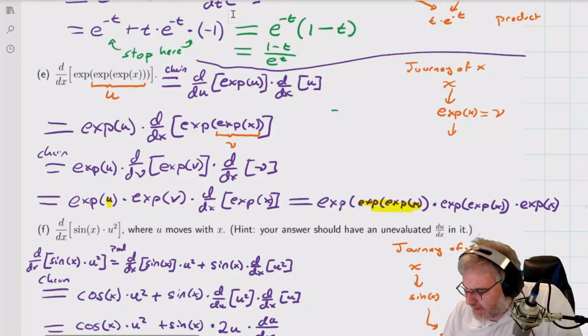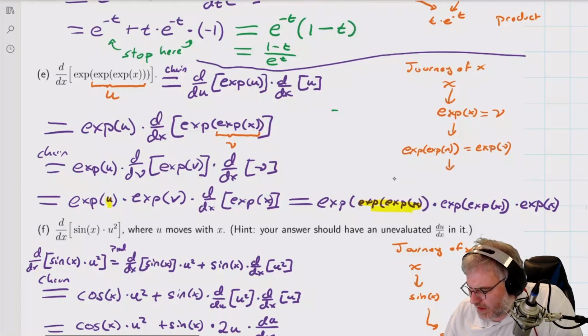All right, so I've got this thing here. My journey of x here is x goes to e to the x, or exp of x, and then I'm going to go to exp of x, which is conveniently exp of v, and that is going to go to exp of x, which is equal, I'm going to call this u, which is exp of u.